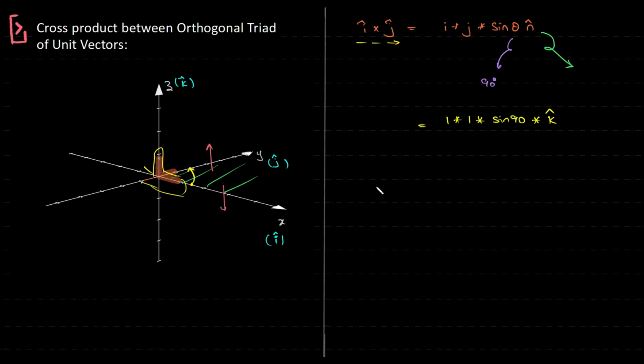Correct? Now, let's talk about j cross i cap. That would be the magnitude of j into i into sine theta n cap. Now this is 1, this is 1, and sine theta here is sine 90. And n cap here would be the following.